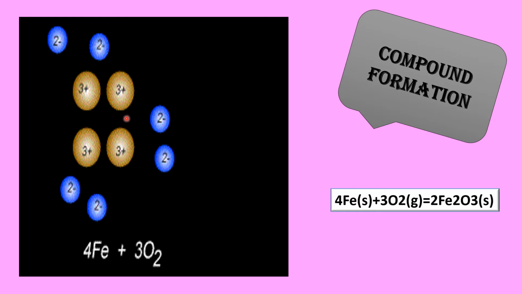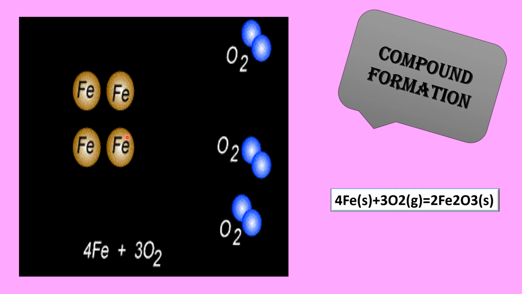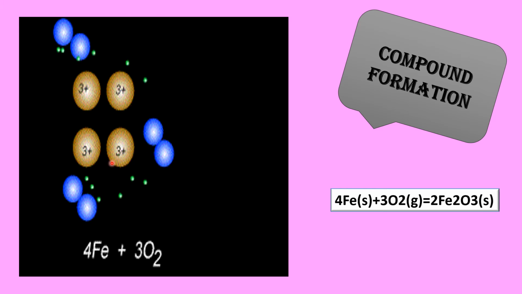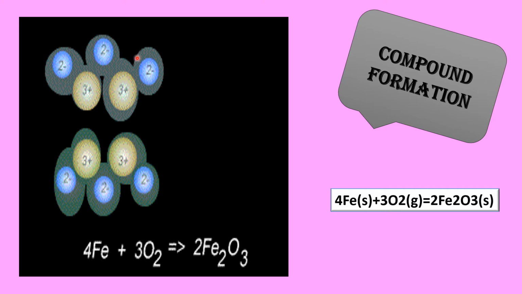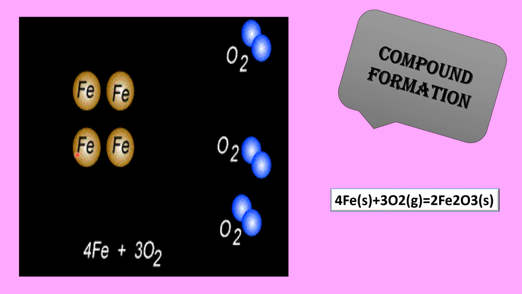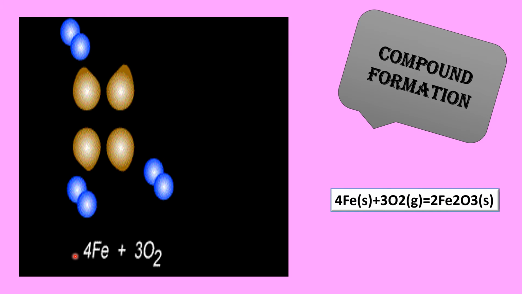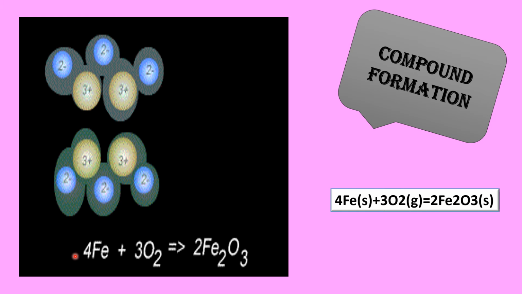Reacts with 4 atoms of iron. See the 4 iron, yellow color, 4 iron atoms. They react to form Fe2O3. 2 molecules of Fe2O3. This one and this one. Fe2O3. That means 2 iron and 3 oxygen. Okay. So this is the formation of Fe2O3.